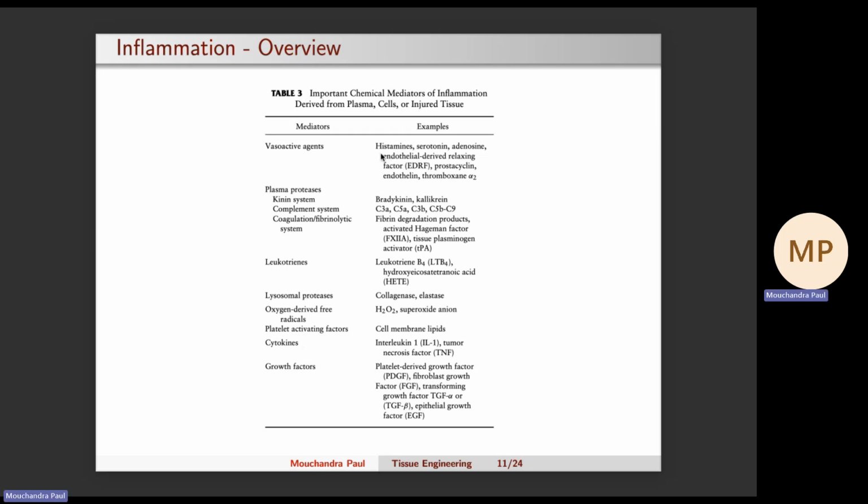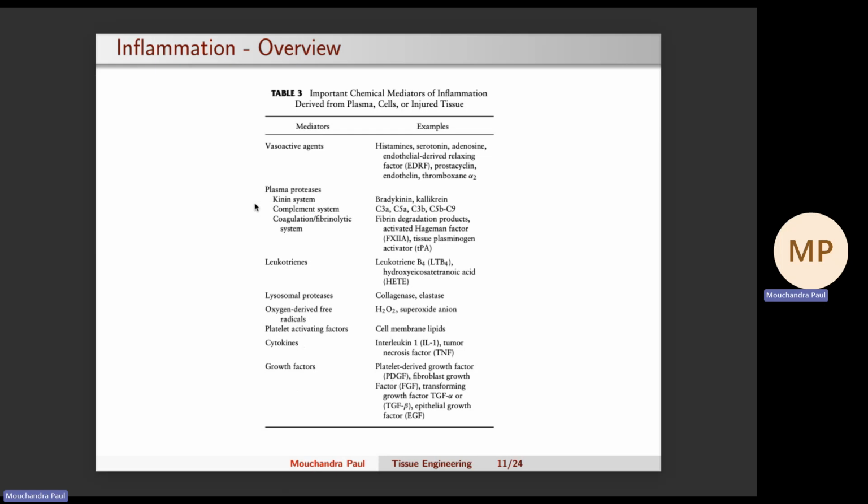I think when we were discussing briefly the immune system or immunology, we discussed histamine. Other than that, the plasma proteases like the kinin system, then the coagulation or the complement system. Then some growth factors are also important here, like PDGF.